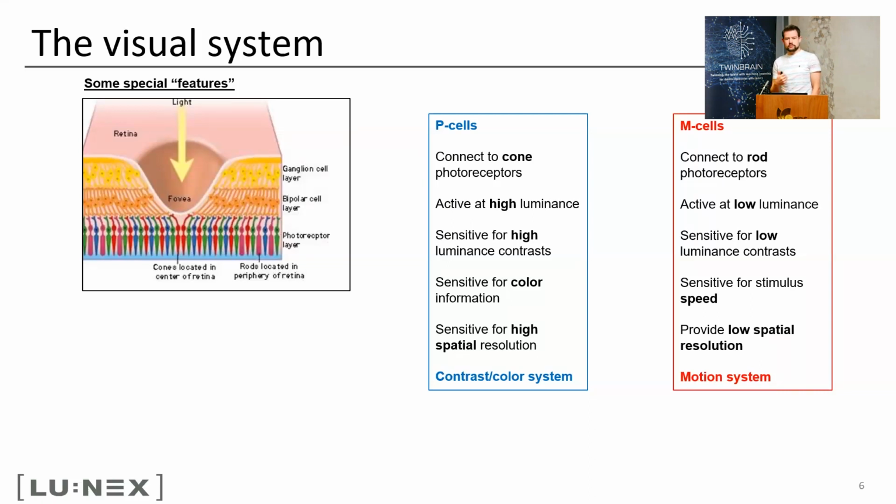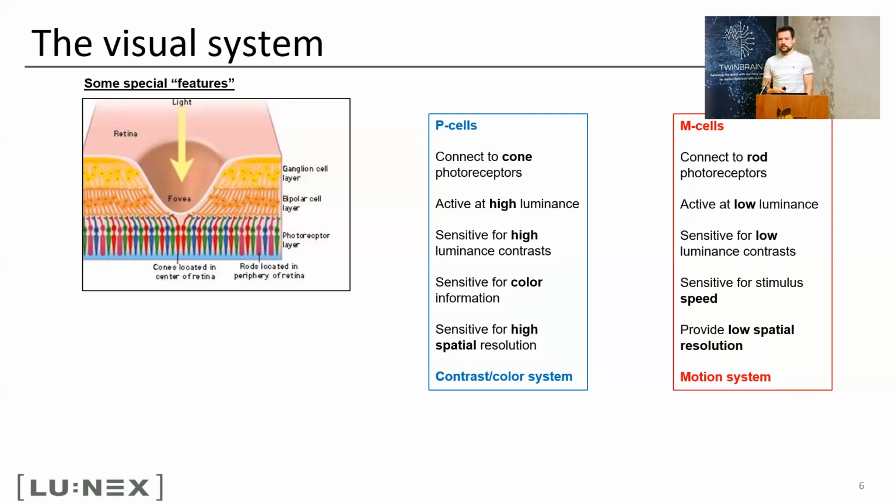We have the green, the blue, and the red photoreceptors with the corresponding wavelength that is perceived by these photoreceptors, and they are sensitive for high spatial resolution. In the end, this also defines how we have to design a stimulus that activates the P cells. We will see this later, how such a stimulus looks like.